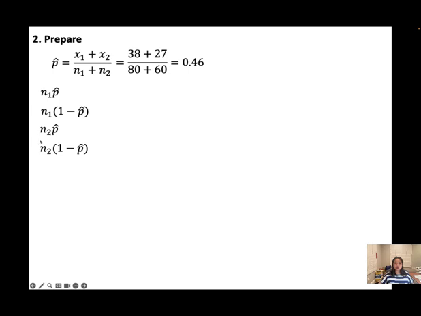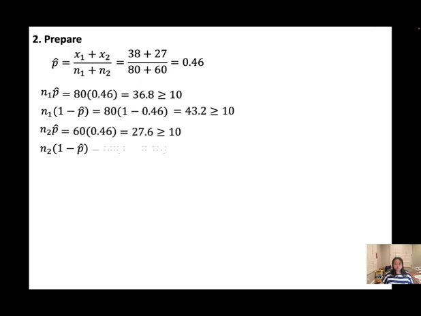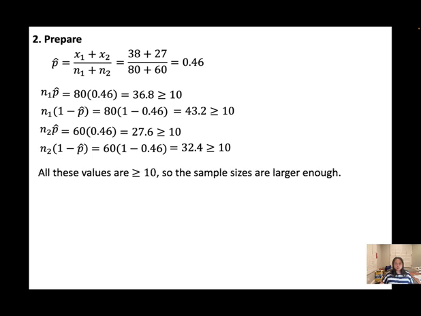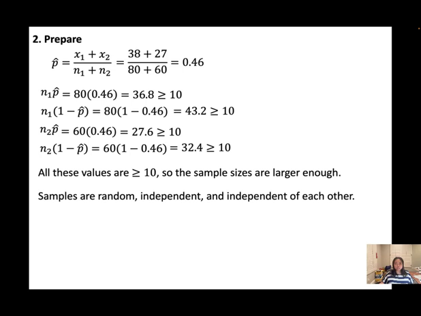You have to show all of them because this time n1 is not equal to n2. Okay, plug it in. It's going to be at least 10. And then all these values are greater than or equal to 10, so the sample sizes are large enough. Now, the samples are random, independent, and independent of each other. Okay, it fulfills all the conditions.